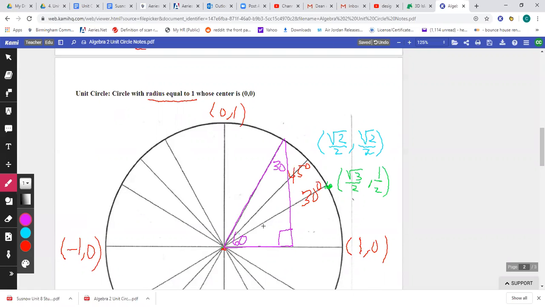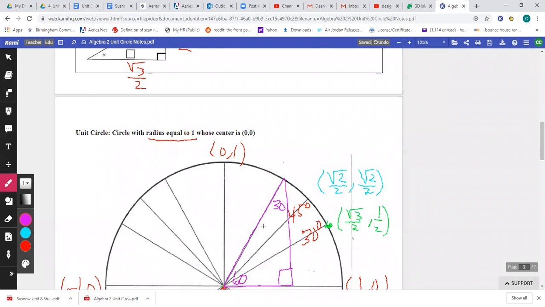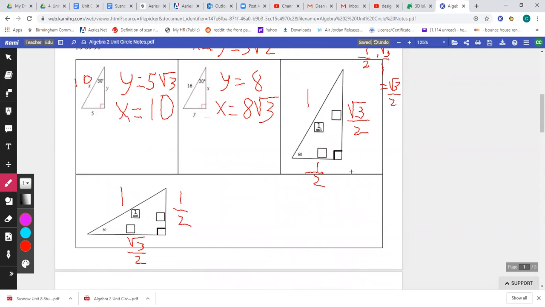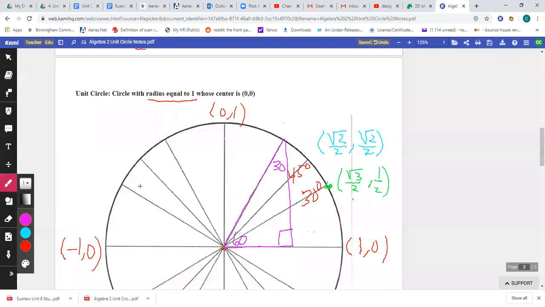So we're going to take the 30, 60, 90 triangle we made up here, which we already did. Across the 60 is root 3 over 2, and across the 30 is 1/2.